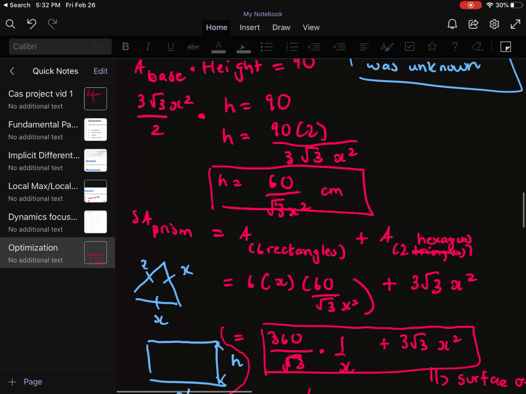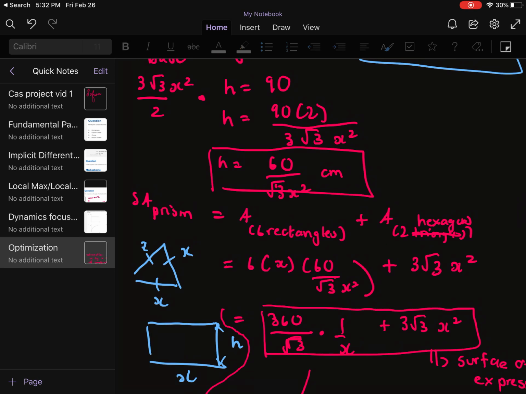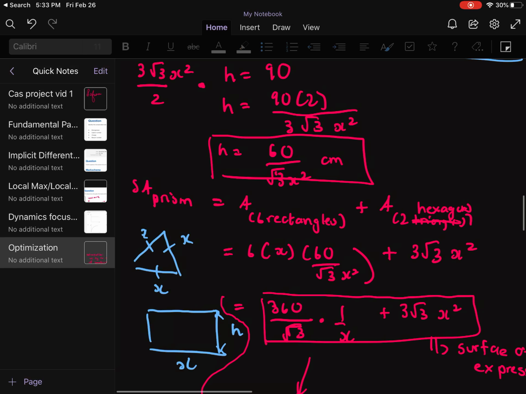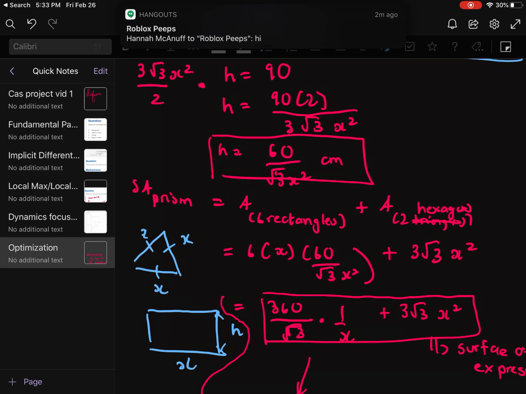Notice that for the rectangles, this is the base times the height. So x times the height, which we found, 60 over root 3 x squared. And for the hexagons, our expression was 3 root 3 over 2. And because it's 2 of them, the 2 and the over 2 cancel out, so it becomes 3 root 3. So we've simplified, and this becomes 360 over root 3 times 1 over x plus 3 root 3 x squared.